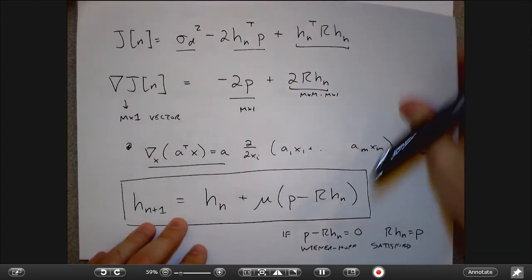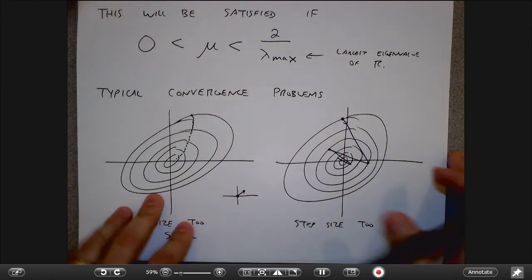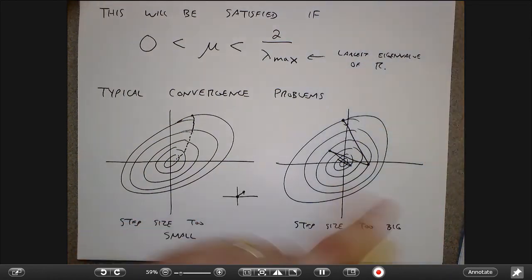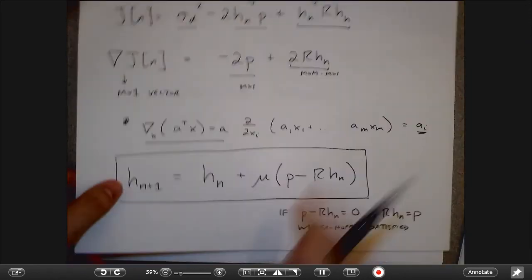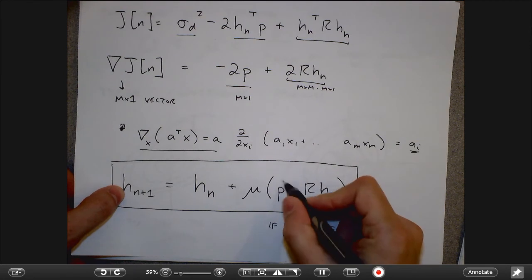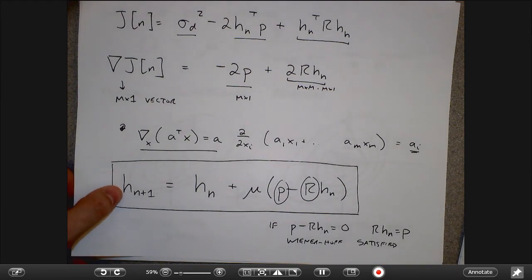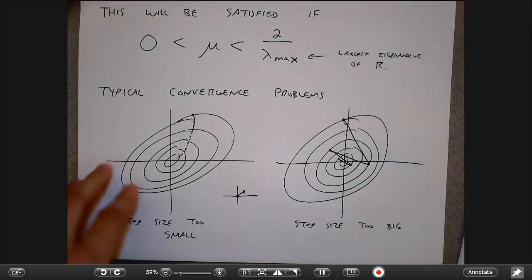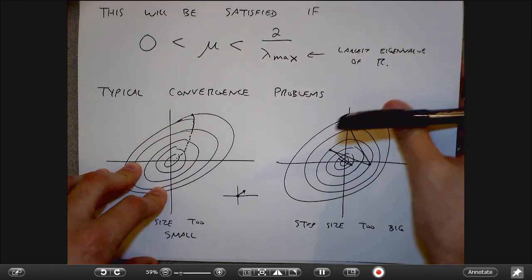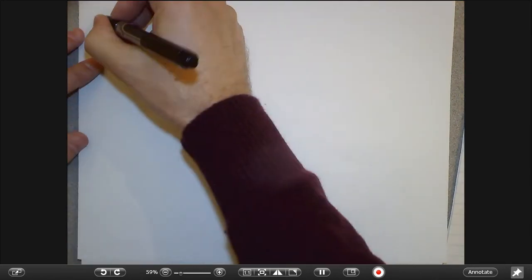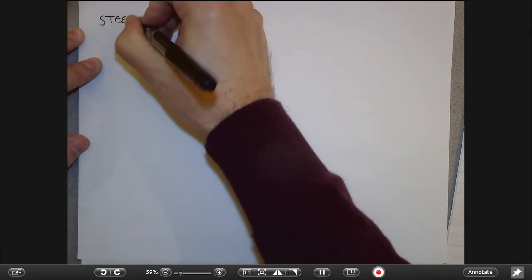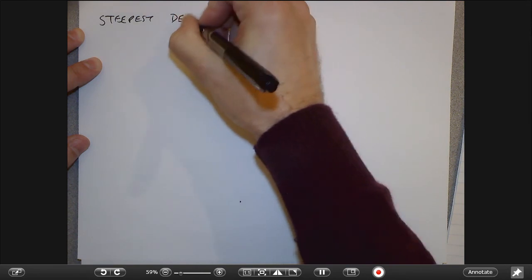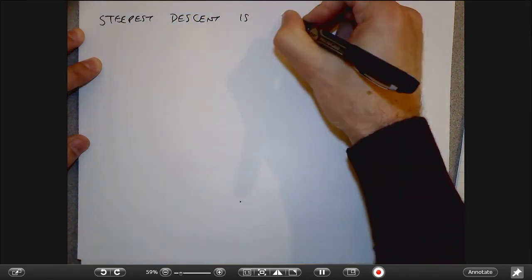One thing that is a little bit tricky in this case is that in order to define this iteration, I have to know this P and this R. The problem is that those things are generally not given to me on a plate. I have to estimate them from the data. Another way of saying that is that the steepest descent algorithm is deterministic.